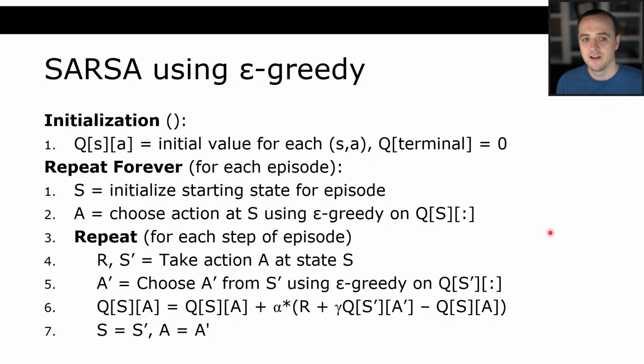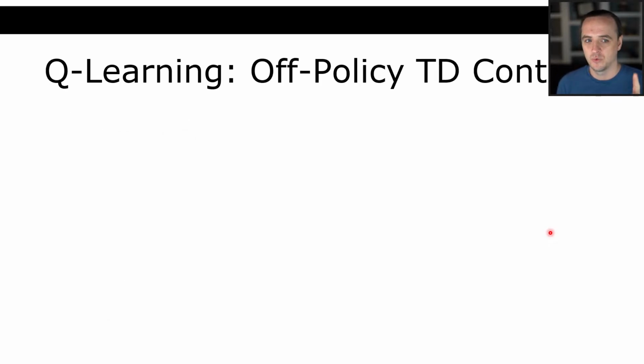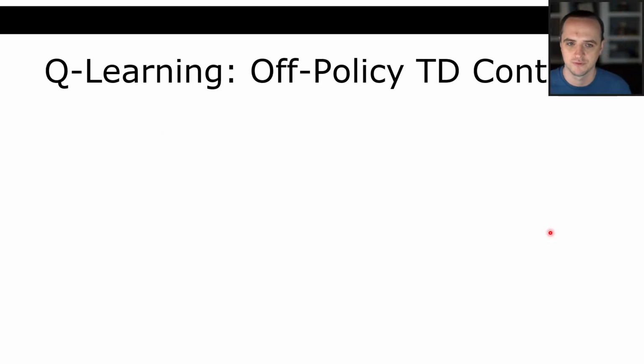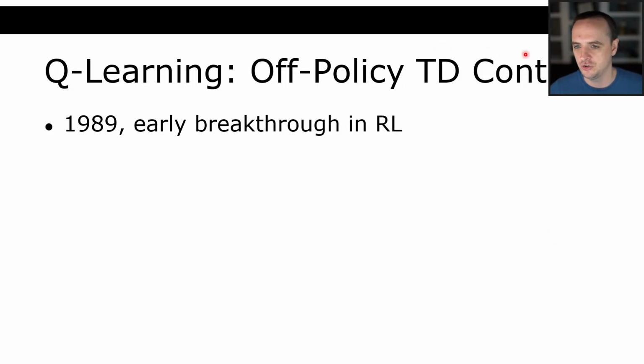All right. The next algorithm, which is called Q-learning, is off-policy TD control. And this and SARSA, I'm going to compare the two after I finish this part. So off-policy TD control using Q-learning. This was invented in 1989, and it was an early breakthrough algorithm in reinforcement learning.